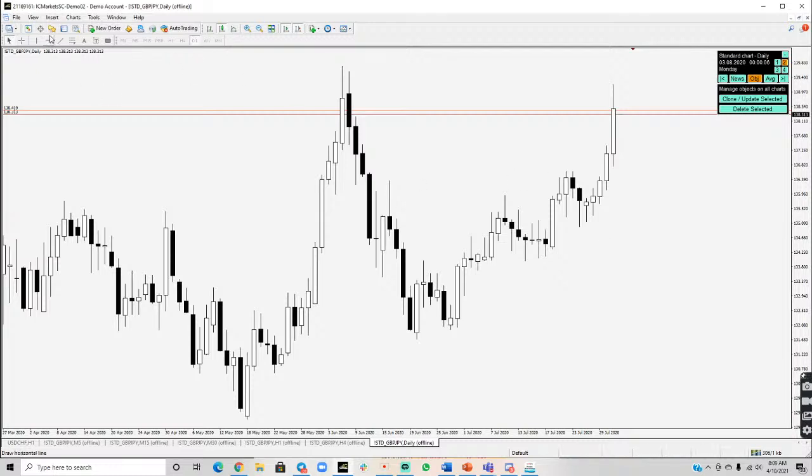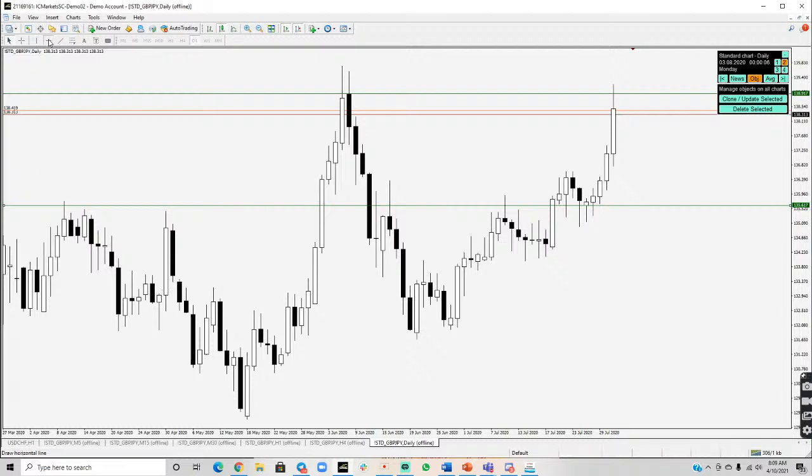All right, so if you look here, we have a support in this area on the daily time frame. We also have another support here and support here as well. So these are our most recent support and resistance.